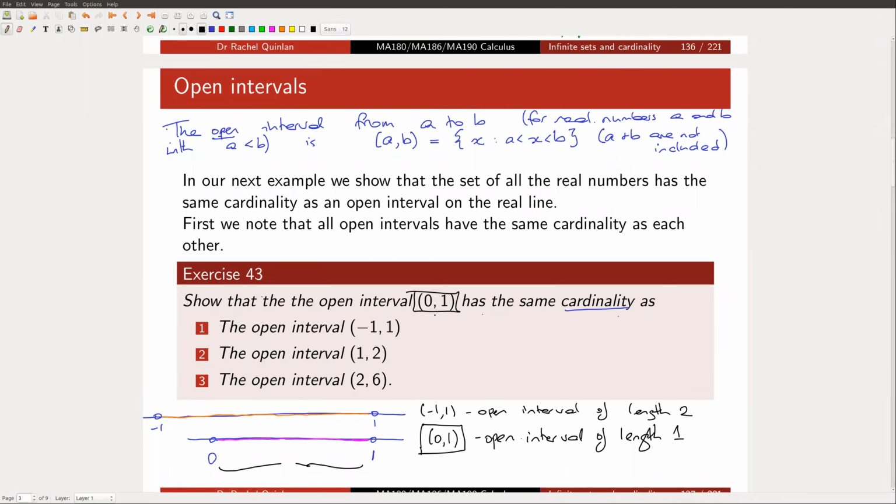So basically, by multiplying by 2, we can establish a bijective correspondence between the elements of 0, 1 and the elements of 0, 2, the open interval.